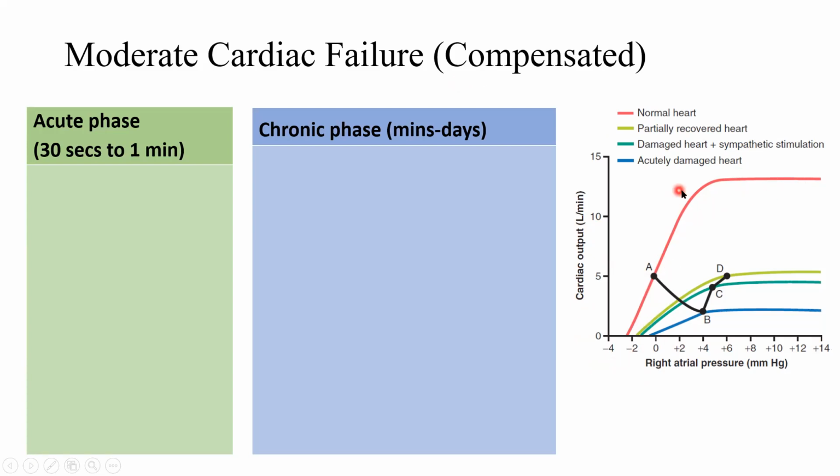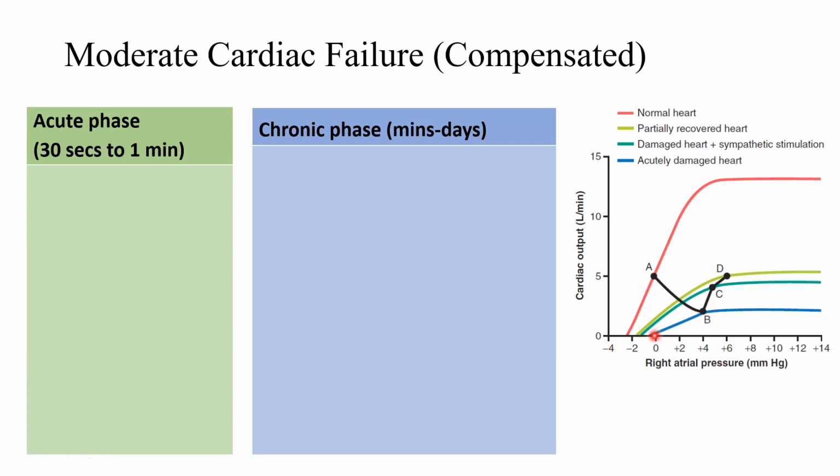Now the acutely damaged heart is in blue. So this heart was functioning fine, but suddenly there was an MI, myocardial infarction, or something went wrong from the cause list that we discussed. So this dropped and became the blue curve.